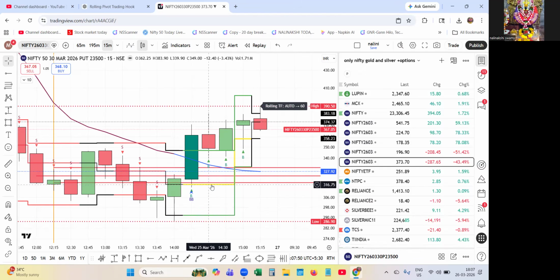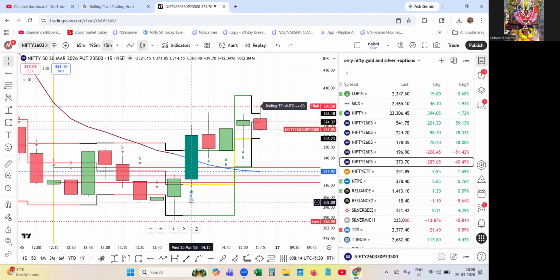The pivot, it was the pivot here. Pivot has shifted down and you can see the support has become green. Okay, friends? You are seeing the color difference, visual confidence.